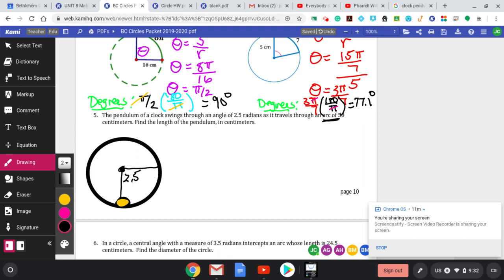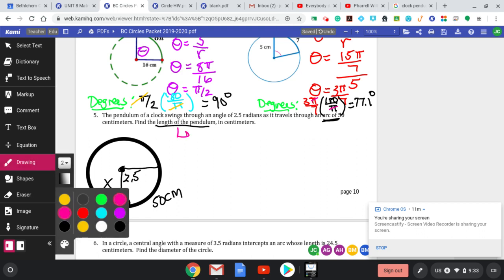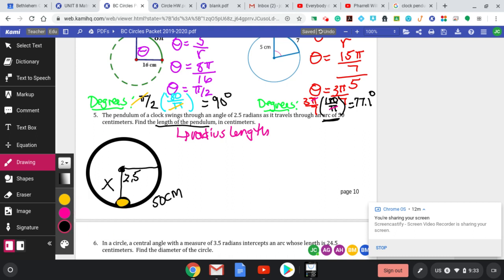So the arc length is 50 centimeters. Find the length of the pendulum. So what am I really looking for here? The length of the pendulum is the same thing as saying, hey, let's find the radius length. All right. Okay. So I'm given arc length here. I have two formulas for that. So now I check the central angle. What's the central angle in? That's in radians. So I can use theta equals S over R.